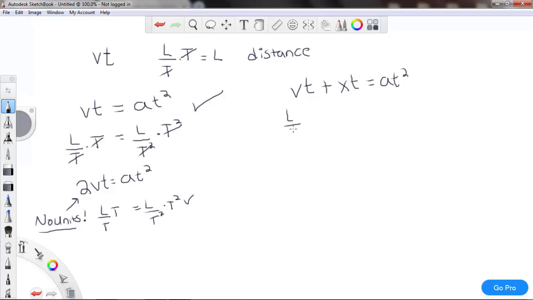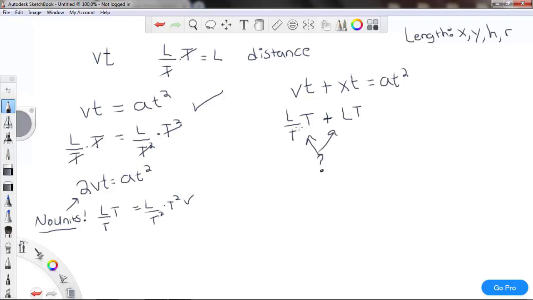I have L over T times T plus, well, x is a quantity that's going to represent a distance. So for our length, we might have the variables x or y or h or r. All of these are going to just be a length. So a length is an L. So I have L over T times T plus L times T. Do these match?